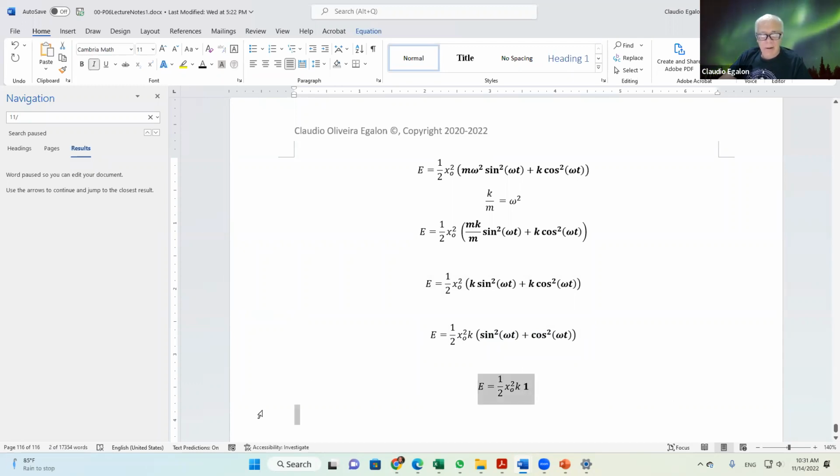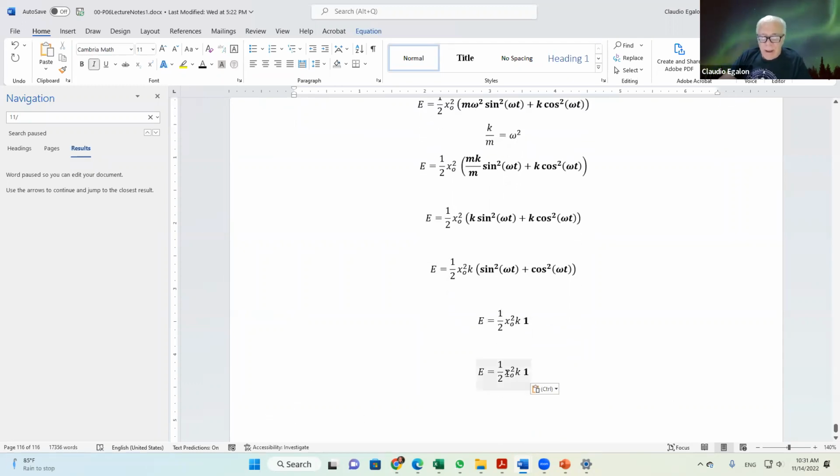And here you go. We find that the mechanical energy is equal to half k x naught squared, which seems surprising, but it shouldn't be surprising, right? Because when the object is at maximum amplitude, its instantaneous velocity is going to be 0, right?